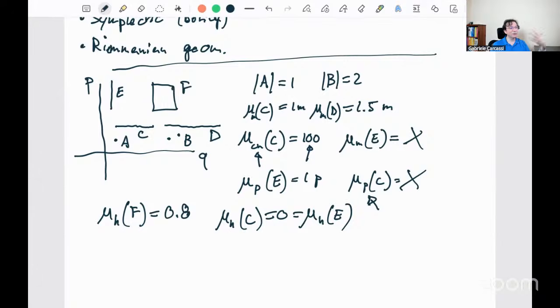Right? So you have this funny structure that A and B are comparable.